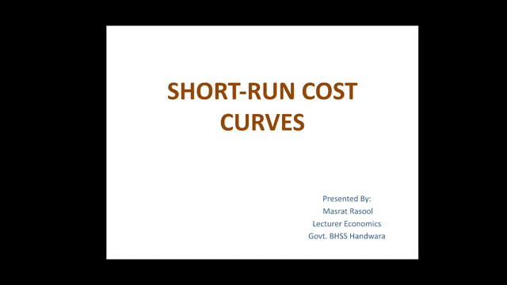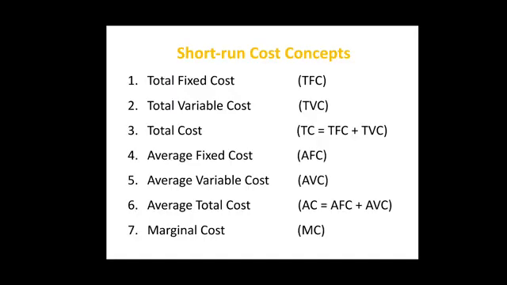In this lecture, we will analyze the shape and structure of different short run cost curves. Dear students, the traditional theory of costs analyzes the behavior of cost curves in the short run and in the long run.